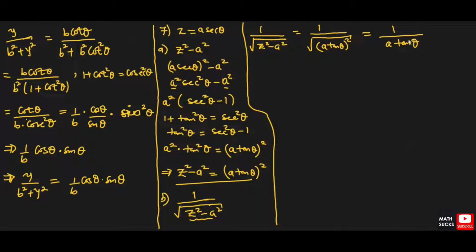And so this is part B, which you can also leave as 1 over a times 1 over tan, which is the cot, so you can just leave it as cot theta in that form. Anything works between this and that, but this could be the most simplified form since you express 1 over tan, which we know as cot.